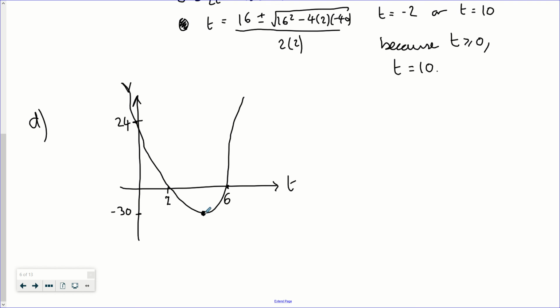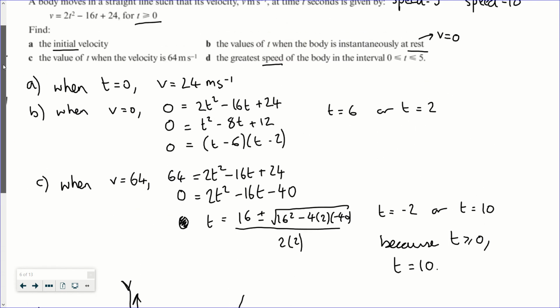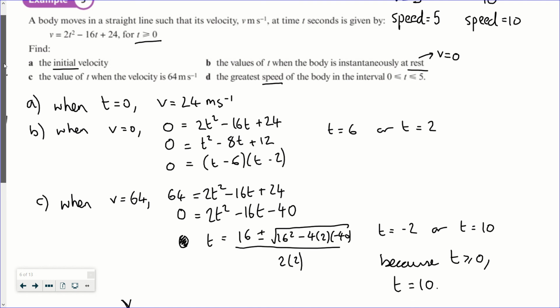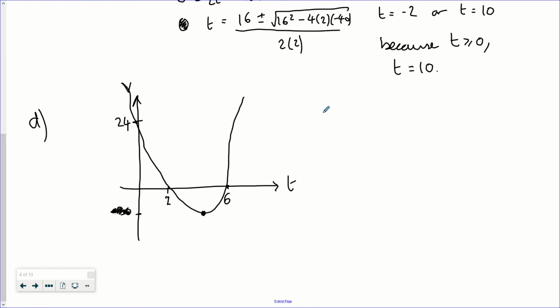So this 30 would be the biggest speed because we'd make it positive. So let's actually find out what this turning point is. The easiest way to find the turning point, we could either use differentiation or we could complete the square. Let's use completing the square to find out what the turning point is of this quadratic.